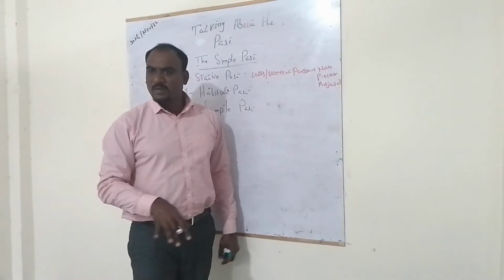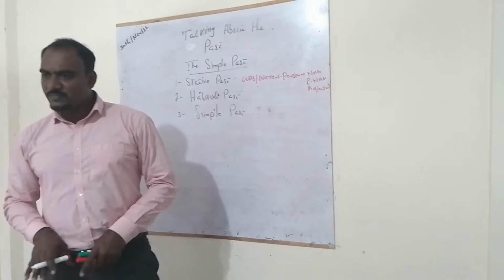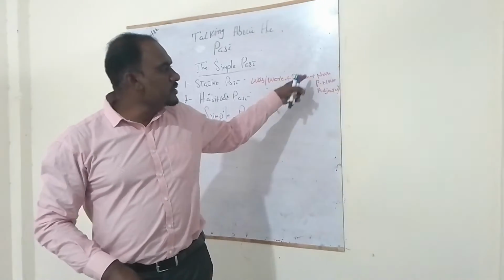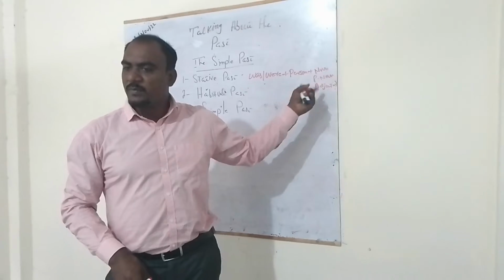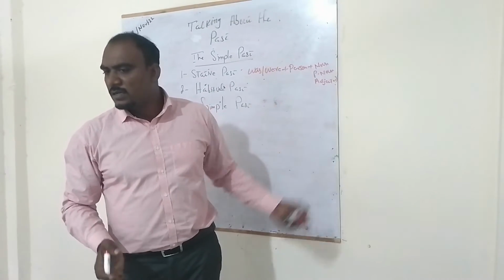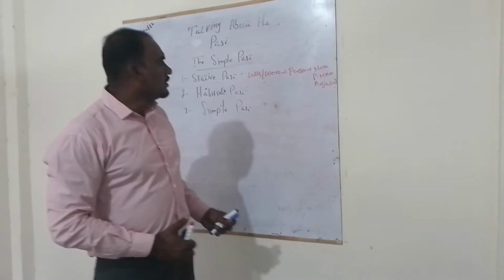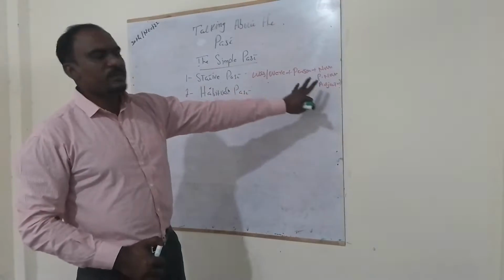Is this what I said in my first lecture about the stative present? If you remember, at that time I also discussed what the noun is, what the pronoun is, and what the adjective is. Is it true? Yes. So today, keep in mind, these are very simple words.